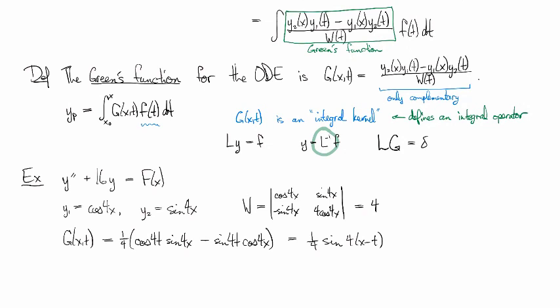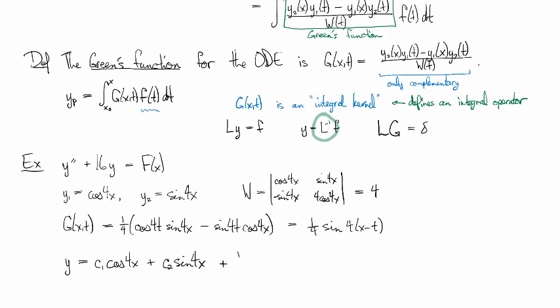And so then I know that the general solution to this equation is going to be c1 y1 plus c2 y2 plus my particular solution, which is going to be the integral of my Green's function against whatever forcing function you give me.